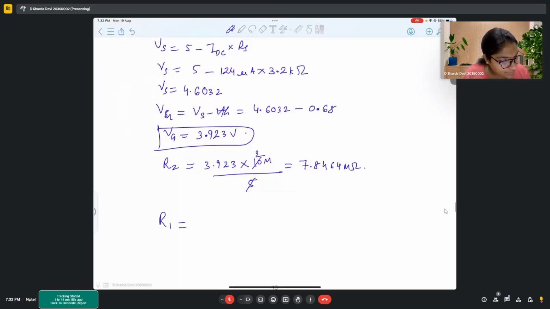By using this, if you want to calculate R1, this will be 10 minus 7.846 megaohms, which turns out to be R1 as 2.154 megaohms.